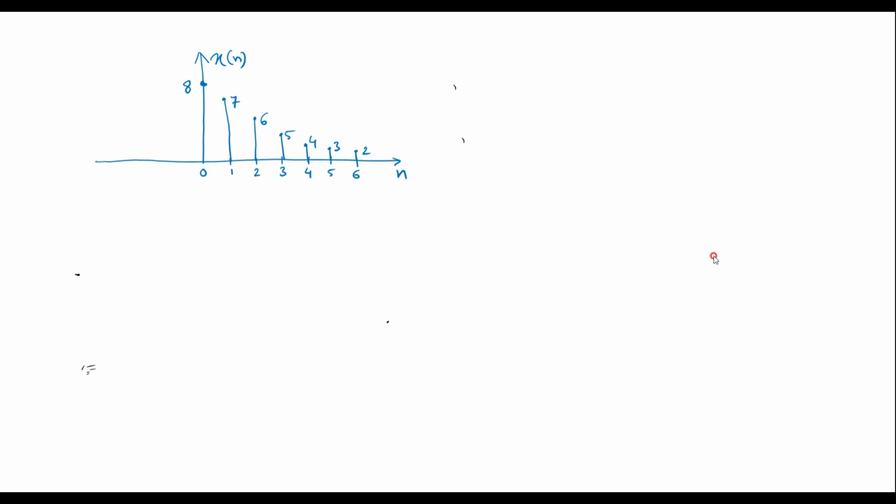Similarly, now we'll take the second example, that is g of n is equal to x of minus 2n plus 3. So here g of n can be represented as, here we have to perform shifting operation as well as scaling operation.